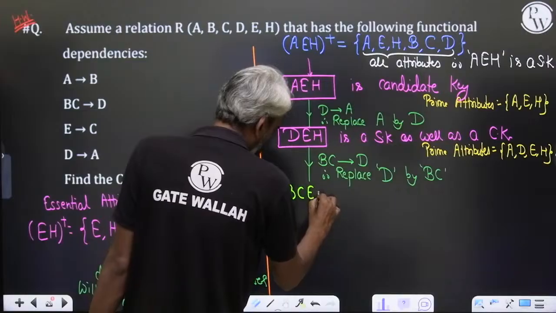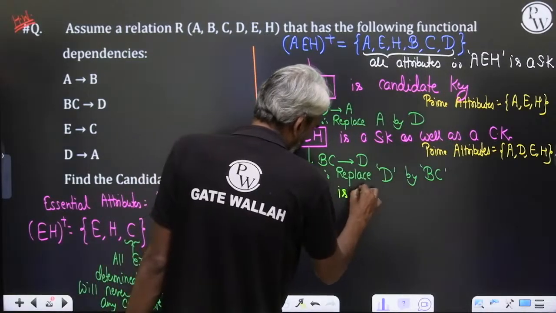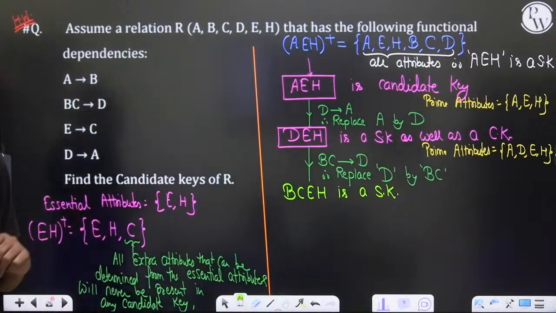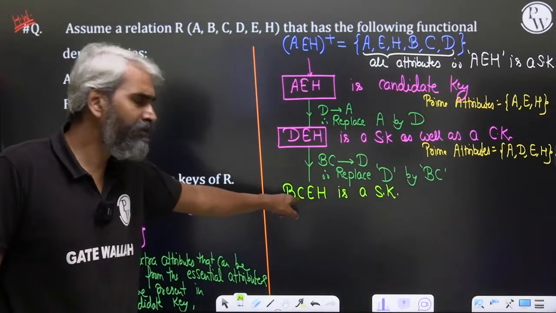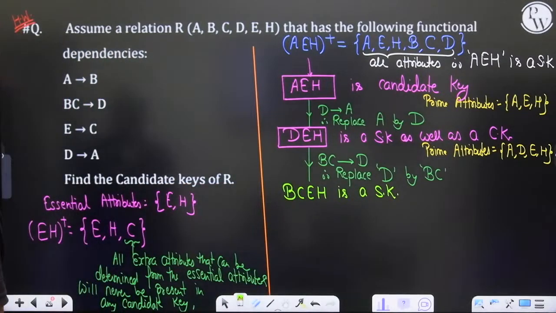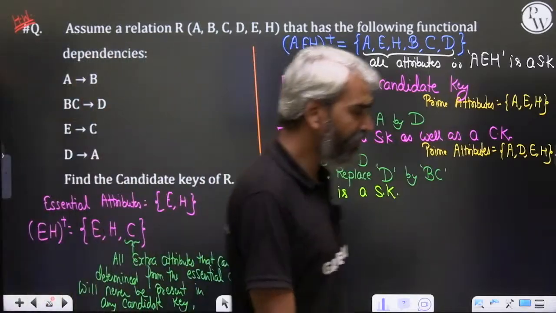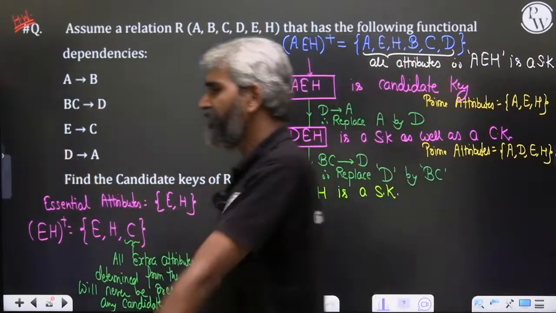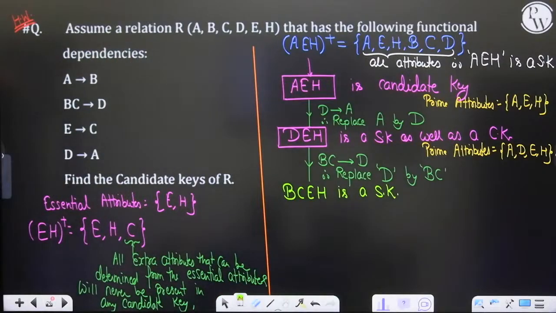So I would say that BCEH is a super key. If you are intelligent enough, you directly say that E and H can determine C, therefore C is not required. When E and H are present, C is not required. Therefore, you can directly say that C can be removed from the set.